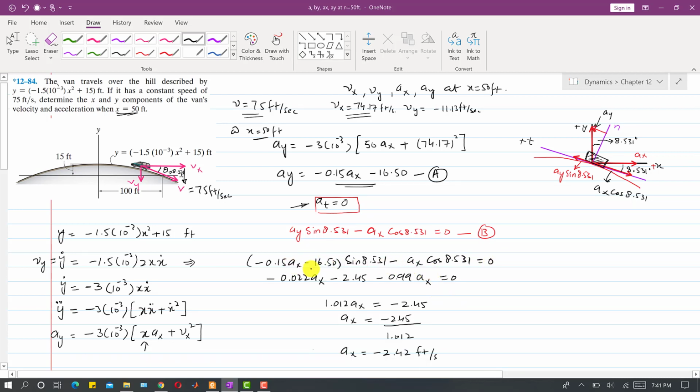Now when we simplify this equation, ax comes out to be minus 2.42 feet per second square, right? This is simple mathematics, you people can do it, right? So ax comes out to be minus 2.42 feet per second square.